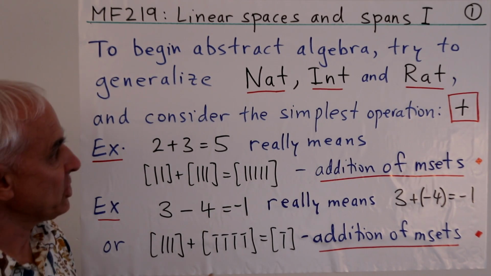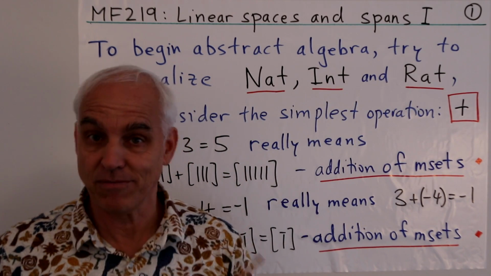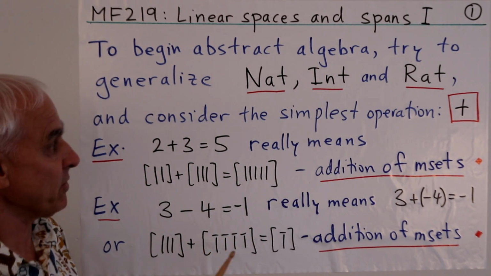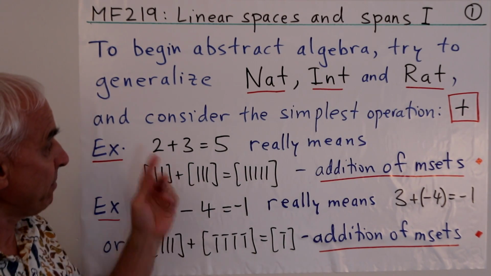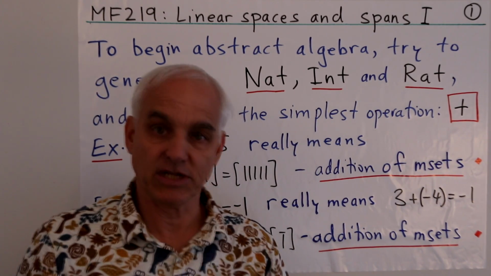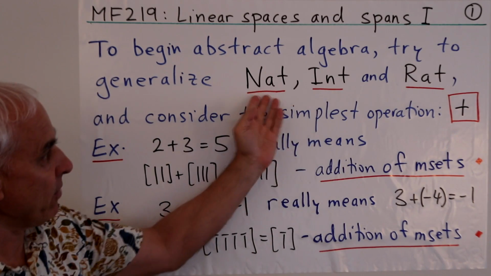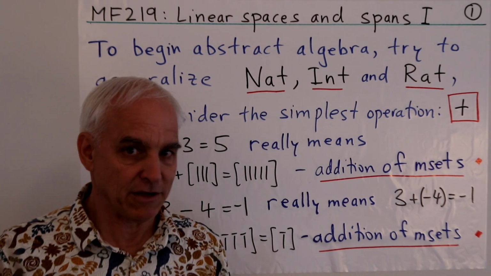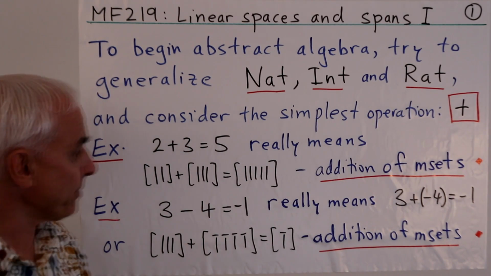So our strategy is to base things on these very familiar arenas that we've had lots of experience with: the natural numbers, the integers, and the rational numbers. And in particular, we're going to consider today the simplest operation only, which is addition. So we want to generalize what's happening with these very simple kinds of arenas with just the simplest operation.